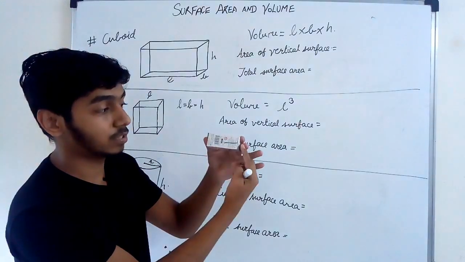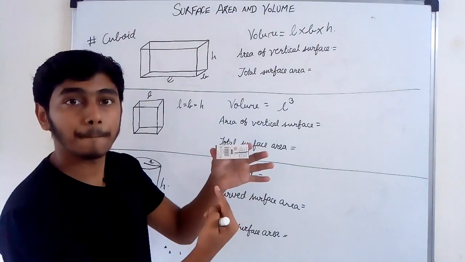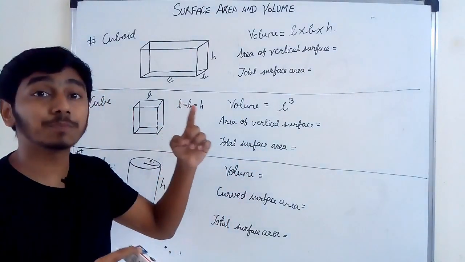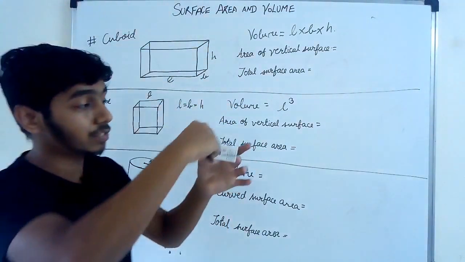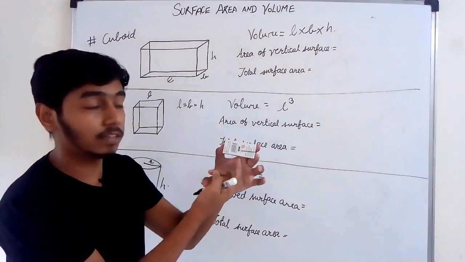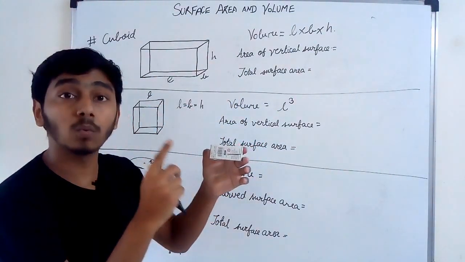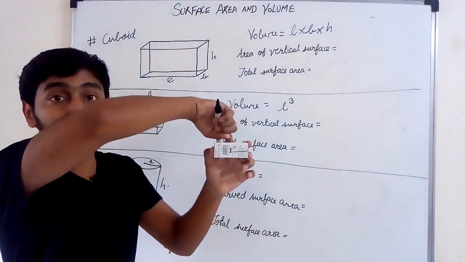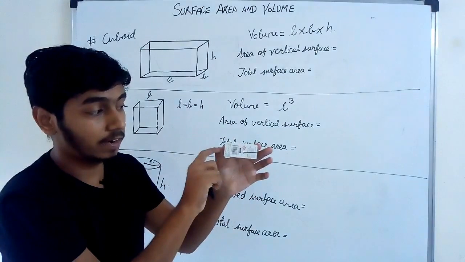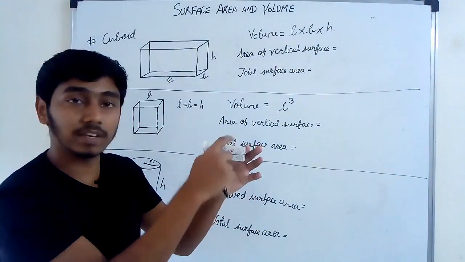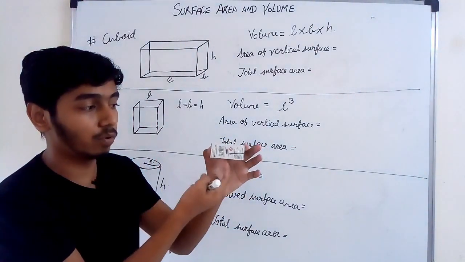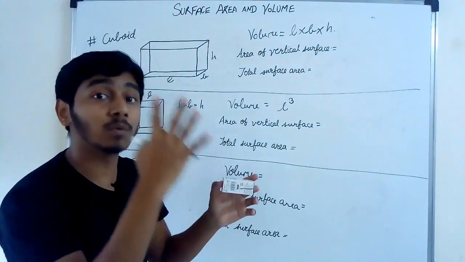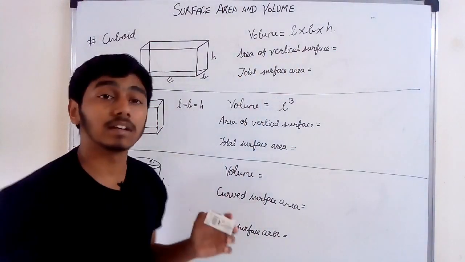We leave the upper part and the lower part, so we consider only four faces. There are six faces actually, 1, 2, 3, 4, 5 and 6, but we are considering only four for the area of vertical surface.